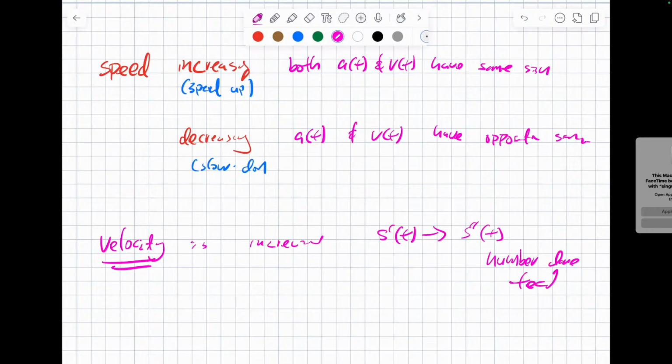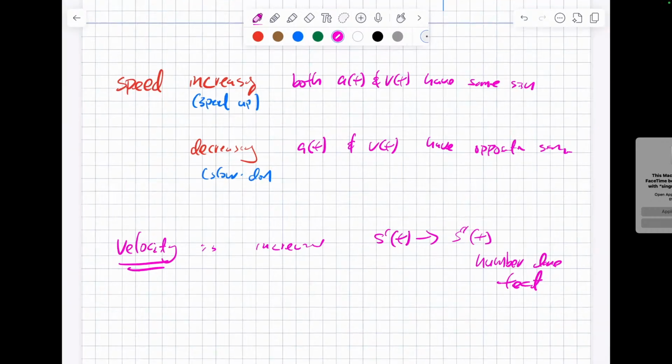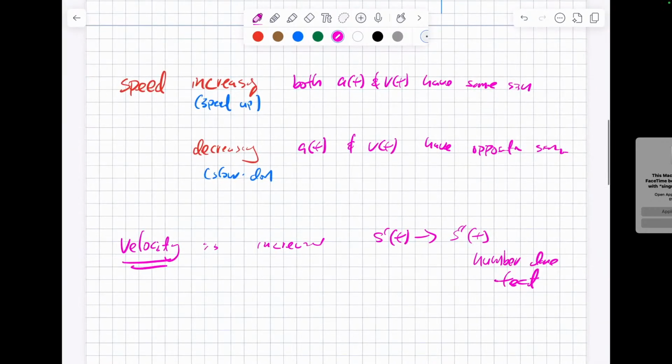But the second way is usually less likely to be asked. They usually ask speed up or slowing down. Is that okay? Speed up or slowing down. Is this understood?